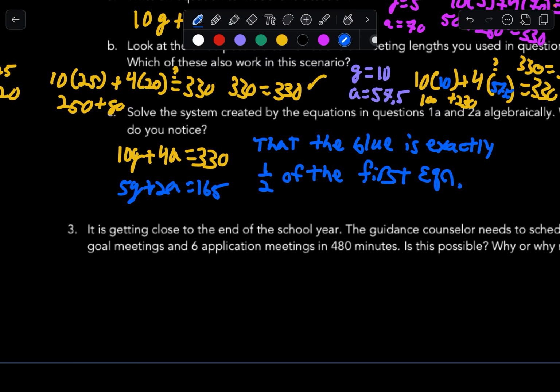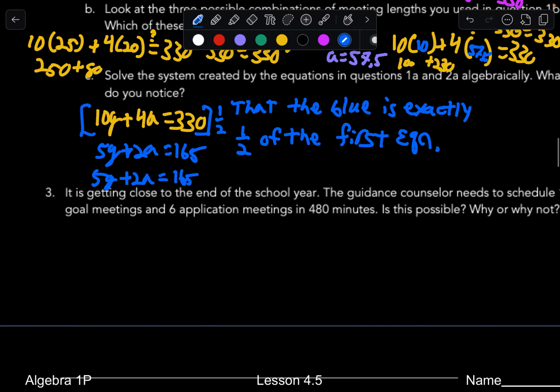In other words, if I multiplied the top equation by a half, we would get 5g plus 2a equals 165. They're the same equation, only different by multiplication of a constant. So they are the same equation.